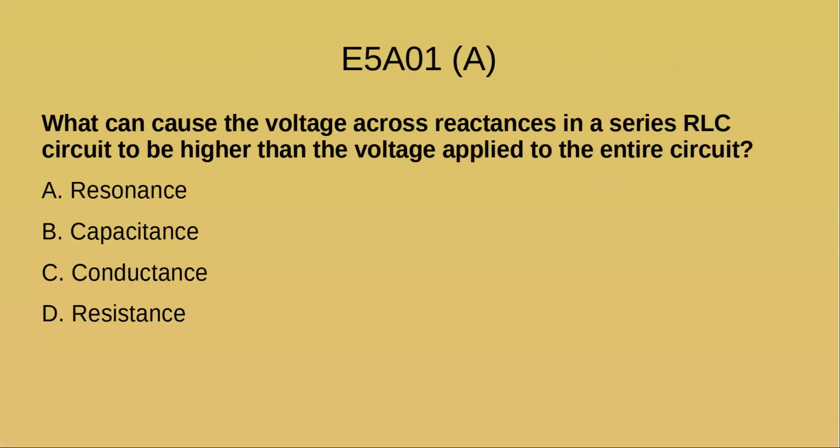What can cause the voltage across reactances in a series RLC circuit to be higher than the voltage applied to the entire circuit? It's the main thing we've been talking about.